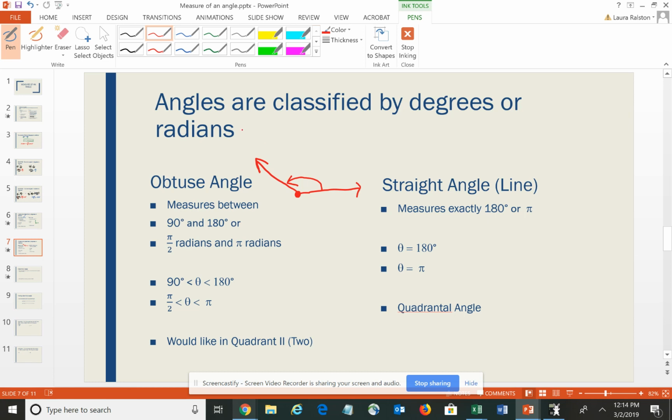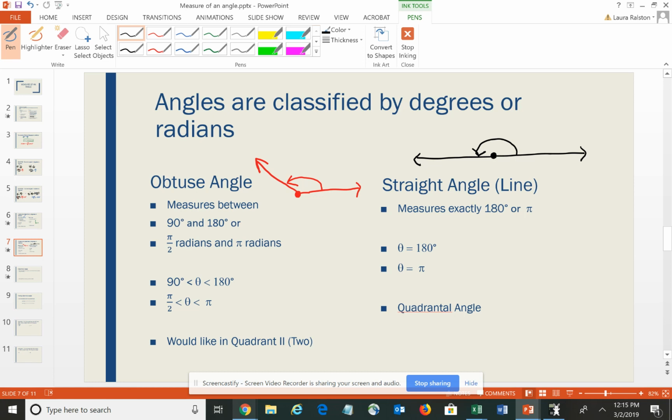And then finally, you have what's called a straight angle, and a straight angle actually looks like a horizontal line. Now, typically we would know they want it to be an angle if they show the direction of the rotation. And a straight angle measures exactly 180 degrees or pi, and again would be a quadrantial angle.